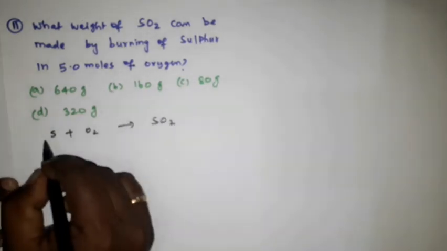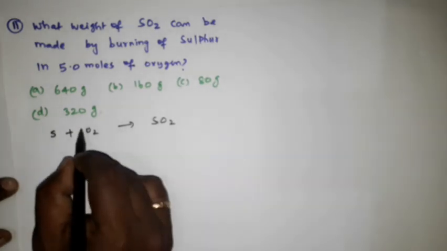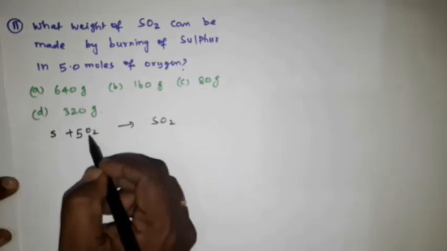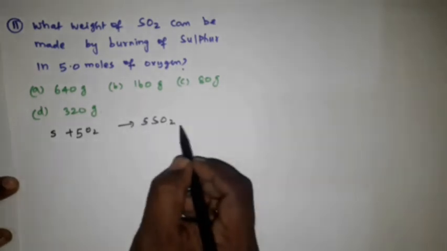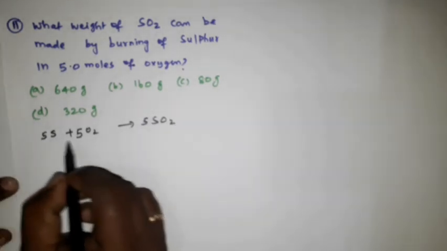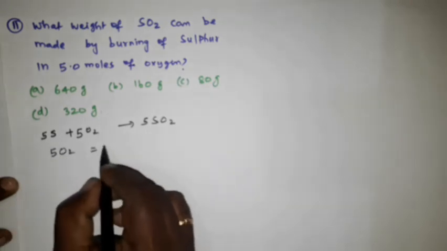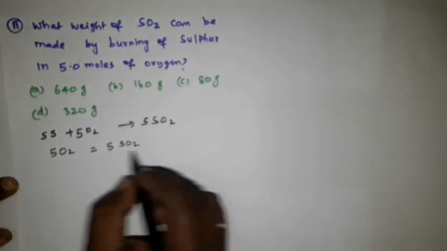This is 1 mole of sulfur, 1 mole of oxygen, 1 mole of sulfur dioxide. According to the question, oxygen is 5 moles, so 5 moles of oxygen gives 5 moles of sulfur dioxide.